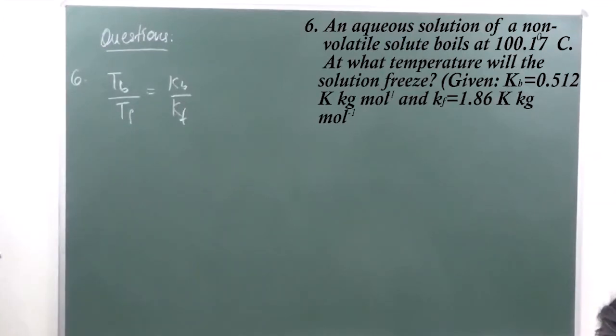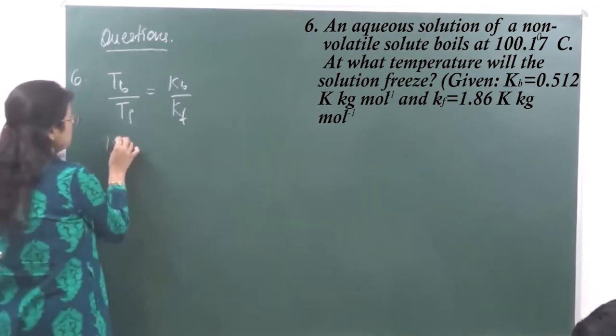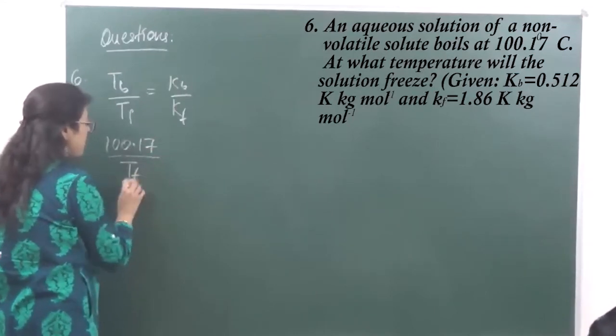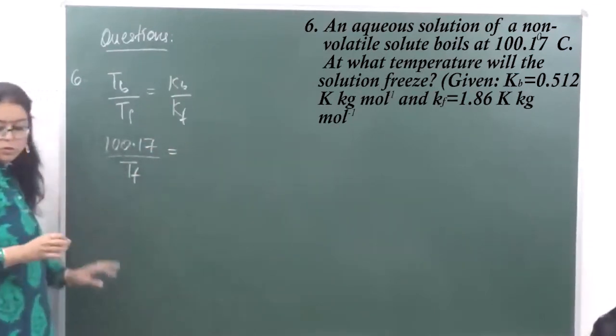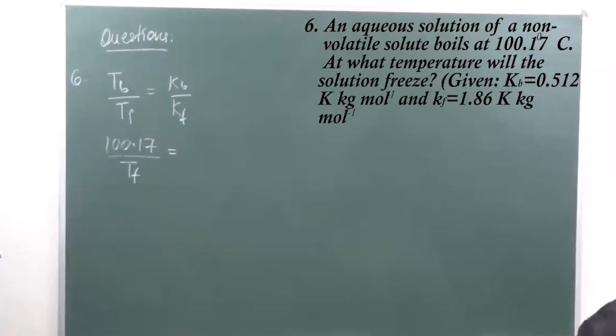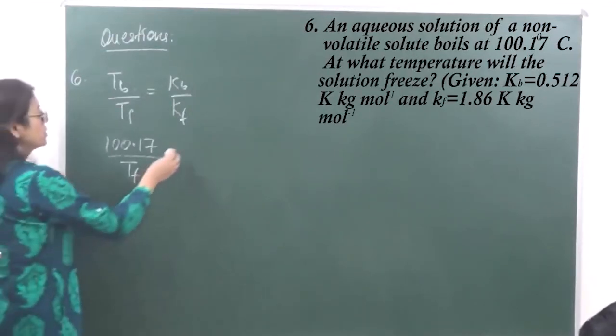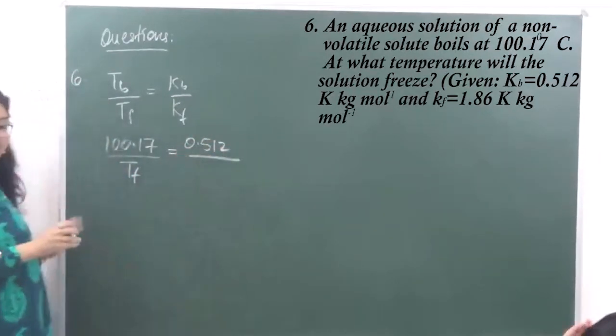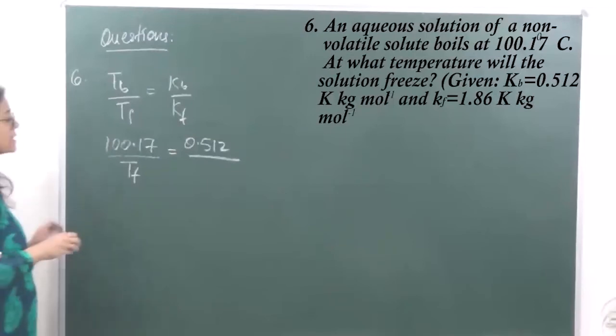Right? So delta TB given to us is 0.17 upon delta TF, that is equal to KB given to us as 0.512 upon KF given to us as 1.86.